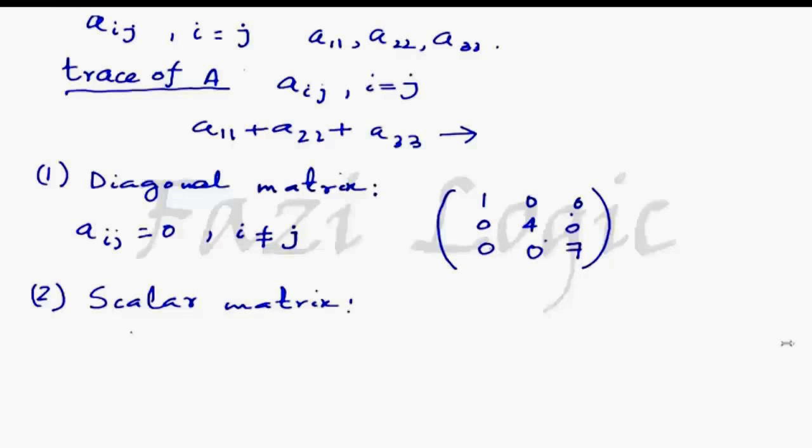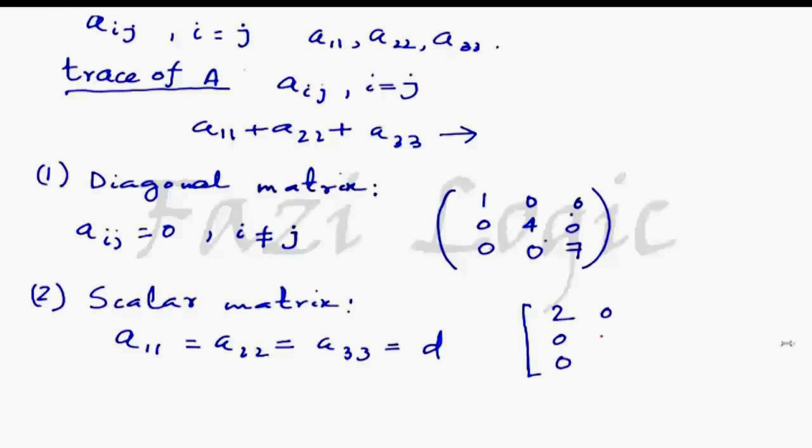That is, all Aij where i equal to j are equal, that is, A11 equal to A22 equal to A33, say, equal to some number d. For example, this is a scalar matrix: 2 0 0, 0 2 0, 0 0 2. Here all the diagonal elements are 2.